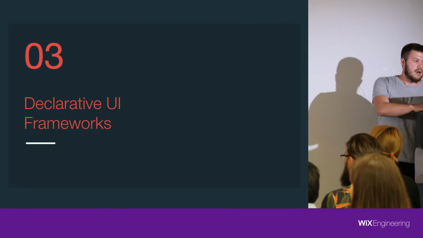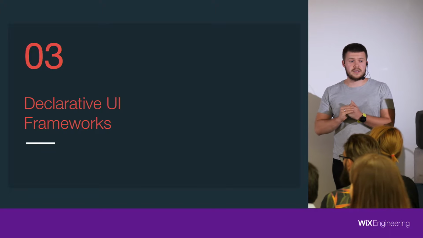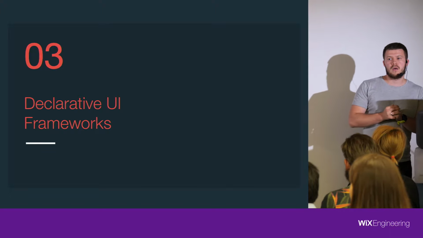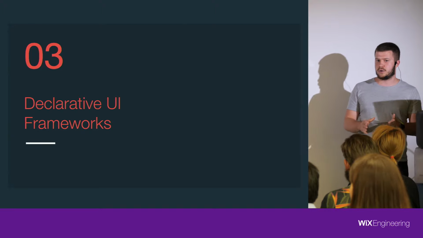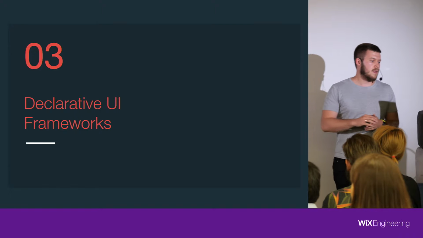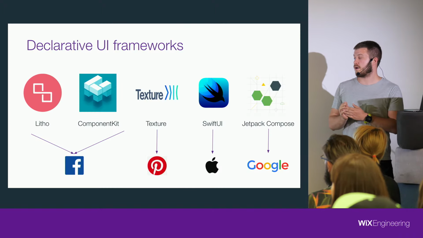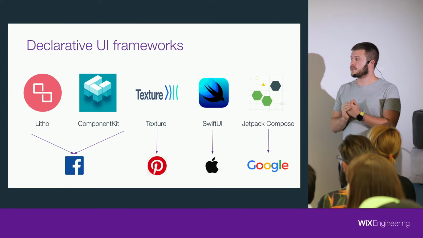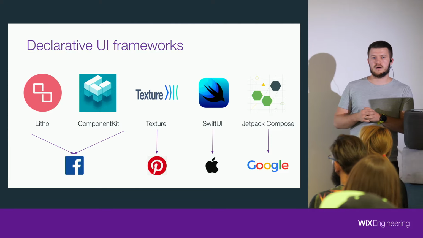So let's discover what kind of declarative UI there is right now on Android and iOS, because there are actually a lot of declarative UI frameworks, but some of them are not official. What does it mean?